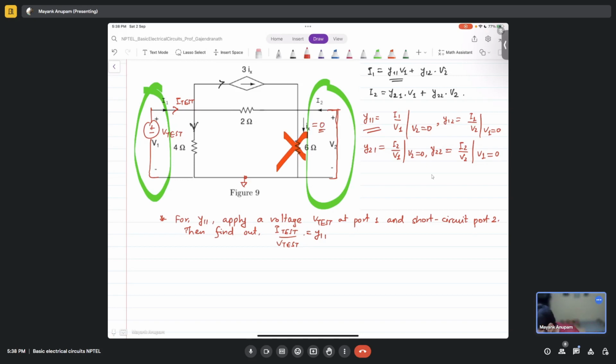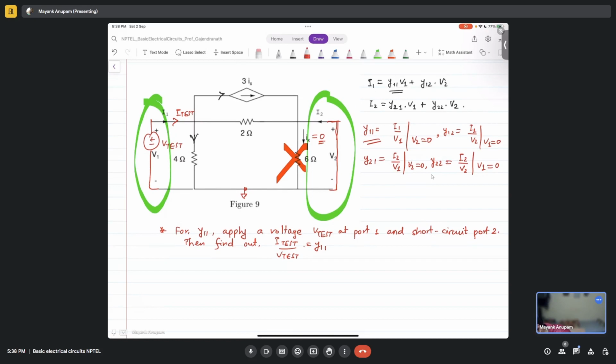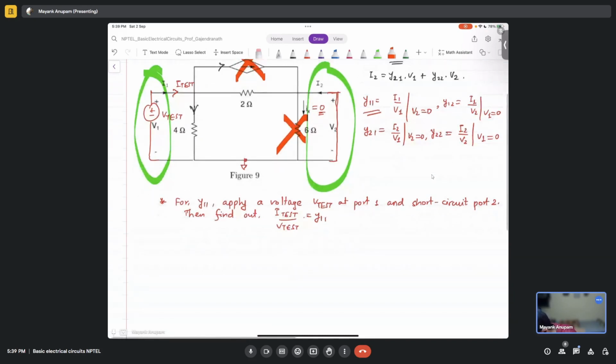Fine, Ix is 0. So if Ix is 0, then what can I say about this current source? This is also 0, right? Yes, sir. So the only things present in the network now are 4 ohms and 2 ohms. So what is I test now? It's a parallel combination of 4 ohms and 2 ohms, right? I test upon V test.